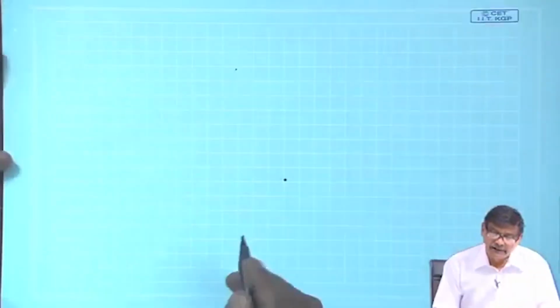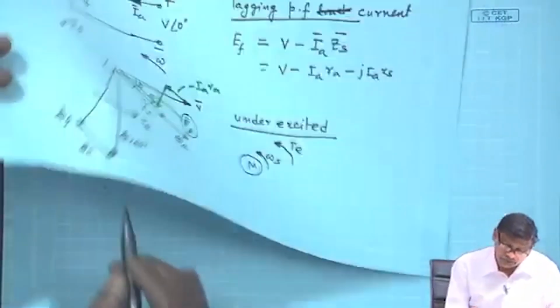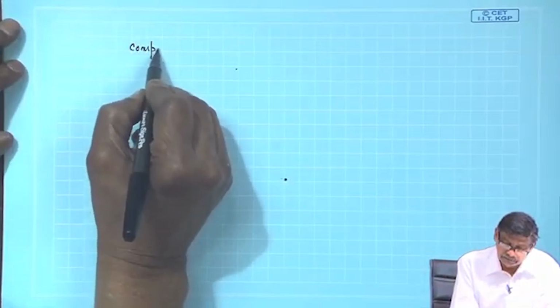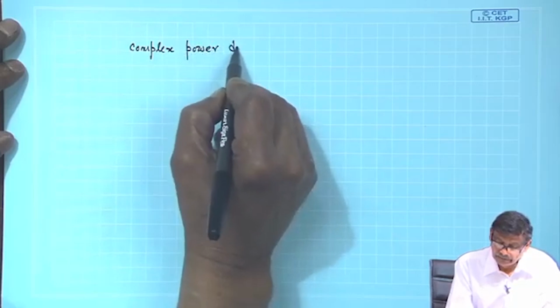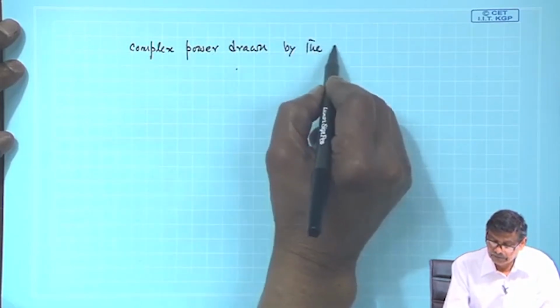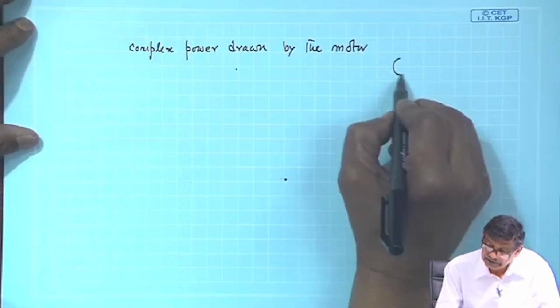In this case, once again I can find out the total complex power drawn by the motor. I will draw it here once again.